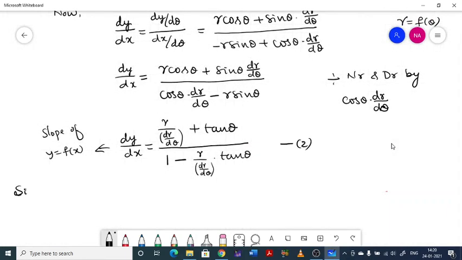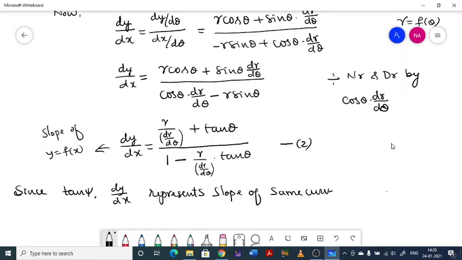Since tan psi and dy by dx represent slope of the same curve, they are equal, you can say. So left hand sides are equal, you can compare right hand sides.